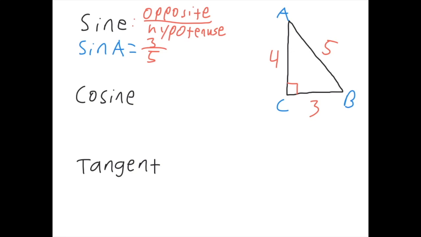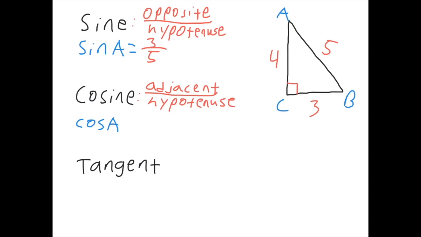Now let's look at cosine. The ratio for cosine is adjacent over hypotenuse. So again, as an example, let's say cosine of A, and the abbreviation for cosine is COS.